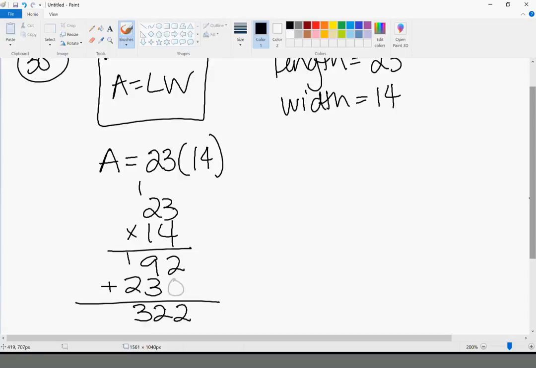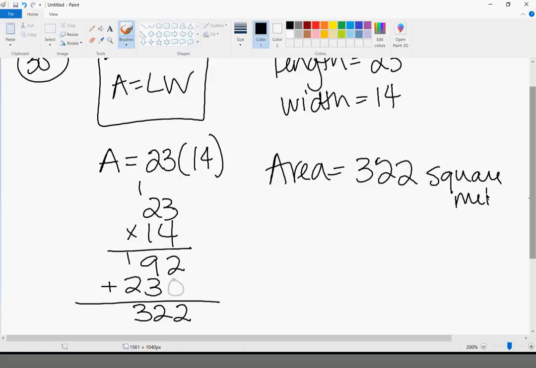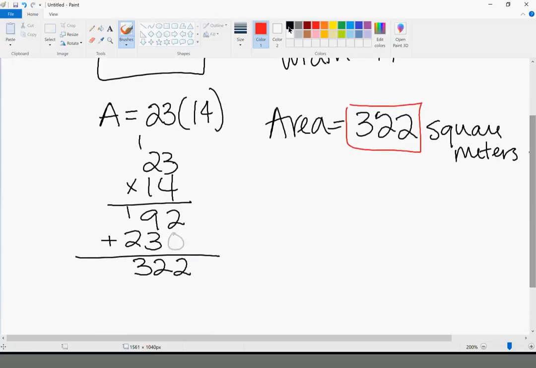And 1 plus 2 is 3. So the area of this rectangle is going to be 322. And since they were in meters, it would be square meters. For this problem, they will provide you with the units, so you would only have to enter the number in iMath AS.